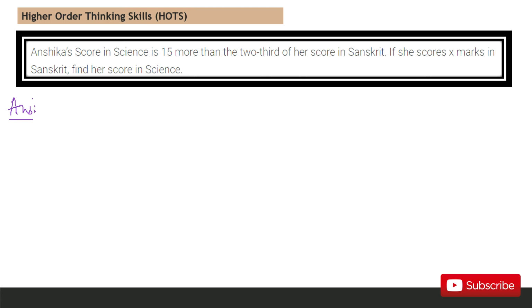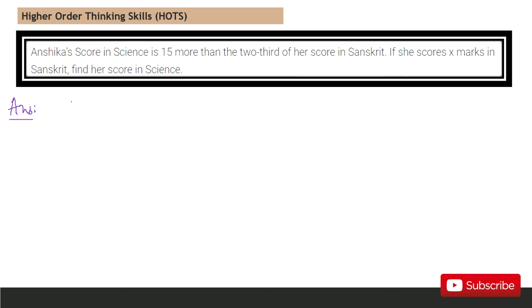Anshika's score in science is 15 more than 2/3 of her score in Sanskrit. If she scores X marks in Sanskrit, find her score in science. Okay. Now this question is a bit tricky. There is a girl, Anshika. She has got 15 more than 2/3 of the score in Sanskrit.